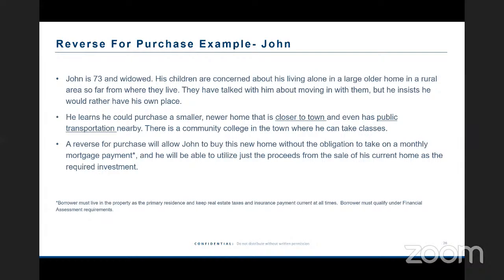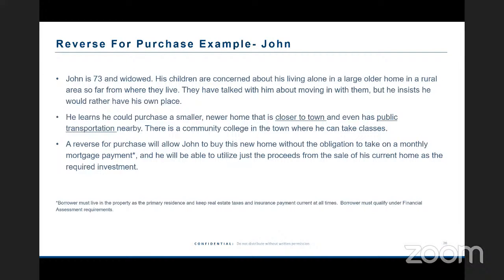He learns that he could purchase a smaller, newer home that is closer to town and even has public transportation nearby. There's a community college in the town where he can take classes. This new home only has 1 floor and has features that will allow him to age in place, such as a no threshold entryway and plenty of light. His daughter admits to being concerned about him falling.